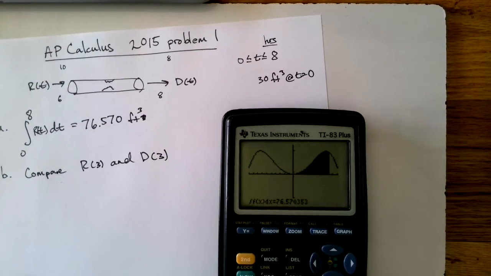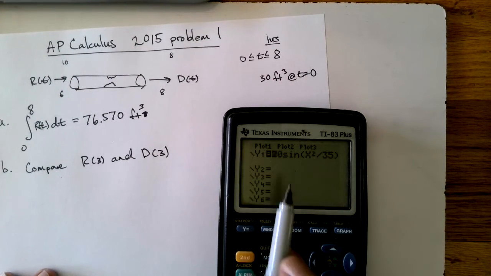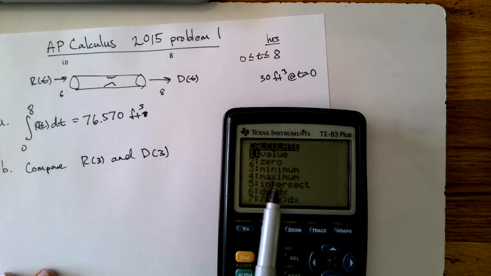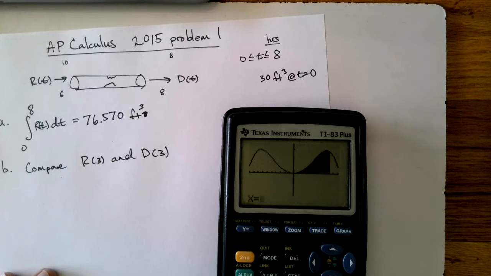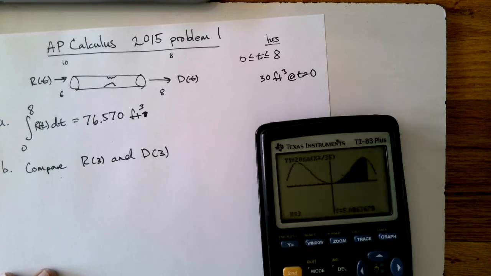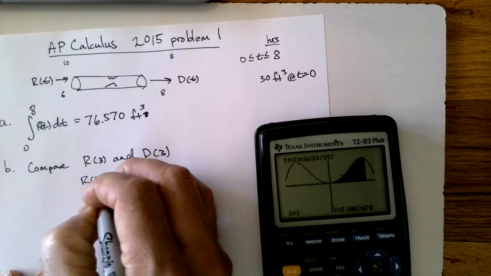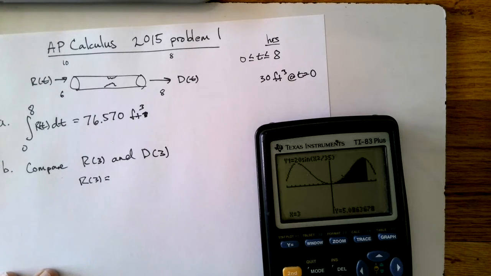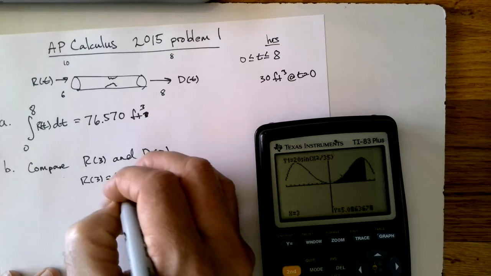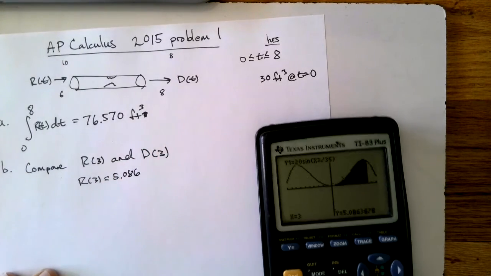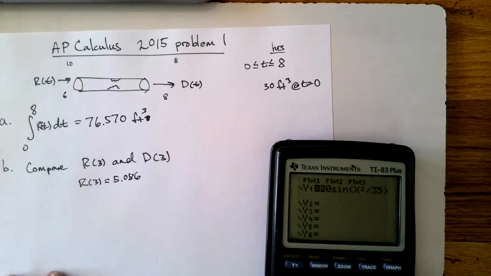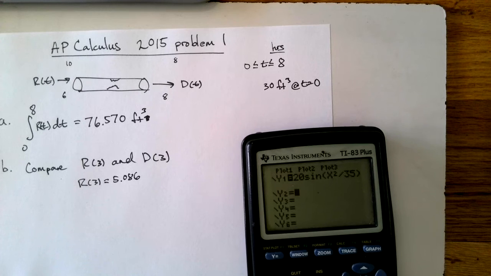So we're going to find the rate at which it's entering. I currently have that typed in here. So I'm going to second calculate, number 1, to find that value. I'm going to type in 3. And so I have R of 3 is equal to 5.086. And then we're going to check D of 3. I'm going to type in y sub 2 here for my D of 3.